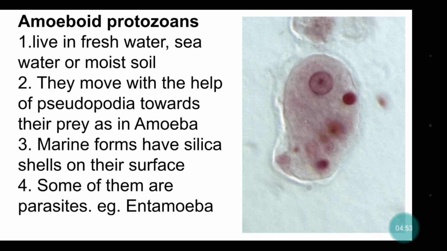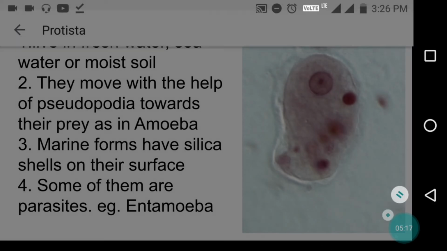Amoeboid protozoans. Why is it called amoeboid? Because it does not possess any true feet or flagella or cilia to move. It has pseudopodia like amoeba. In amoeba the cell will protrude like this.